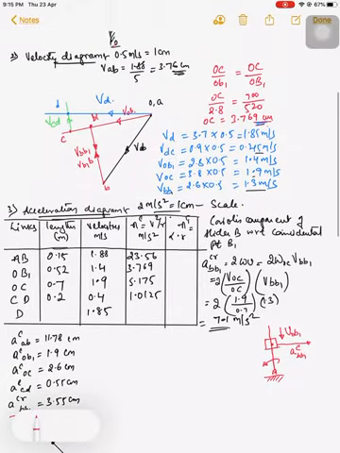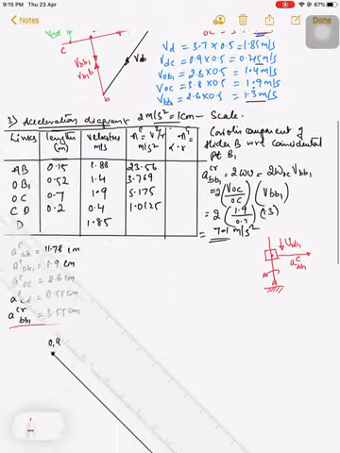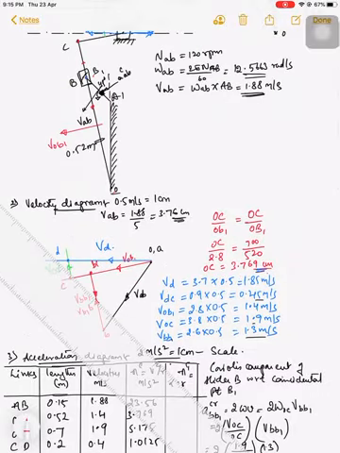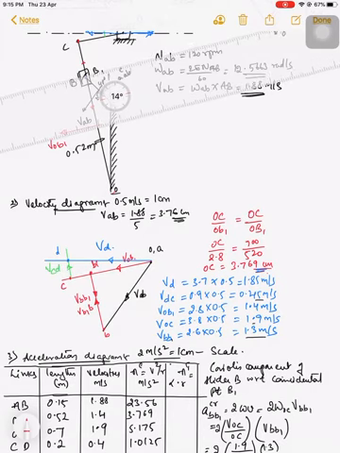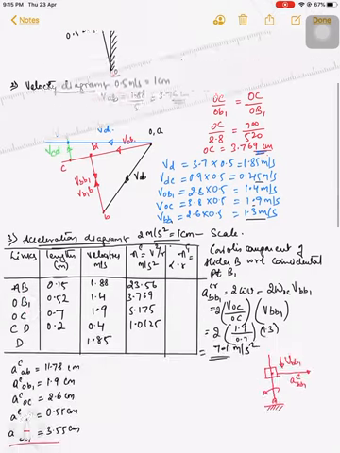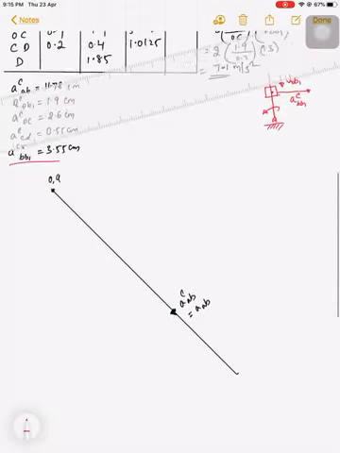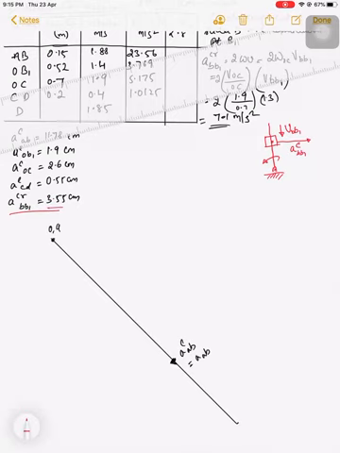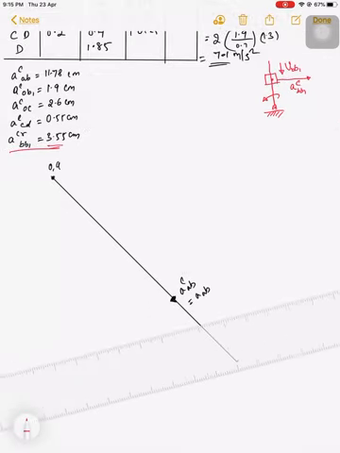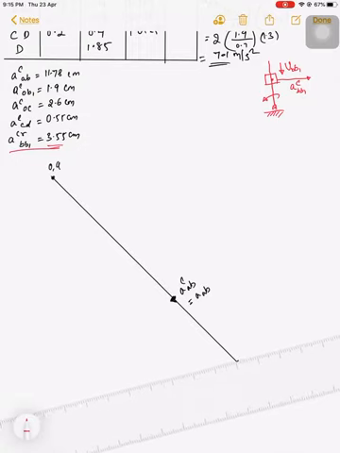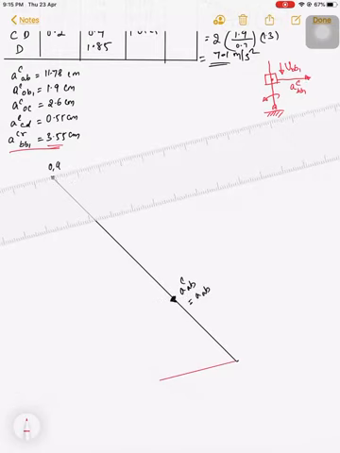So exactly perpendicular to this, I am going to draw a line of 3.55 centimeters, in this direction. This is the Coriolis component of BB1.